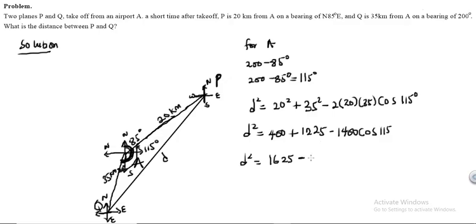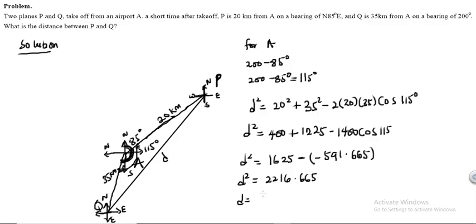From here, this is minus 591.665. Since minus times minus is plus, d squared is equal to 1625 plus 591.665, which is 2216.665.